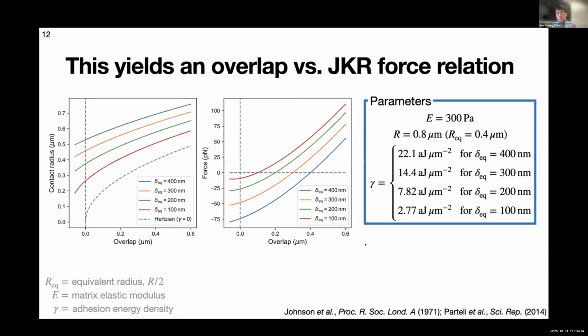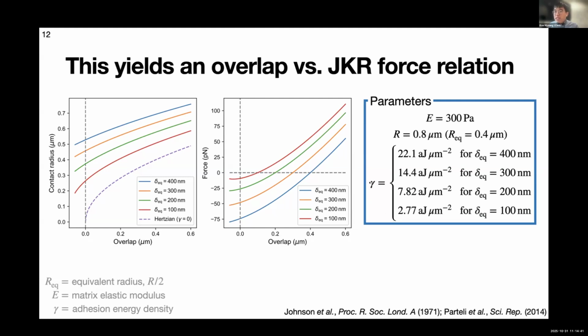So for a quick primer on the JKR model, I'm plotting the contact radius and the force as a function of the overlap distance. And I'm setting some of the parameters to physiologically relevant values. But I'm also varying gamma, the cell adhesion energy density, to achieve particular equilibrium overlap distances.